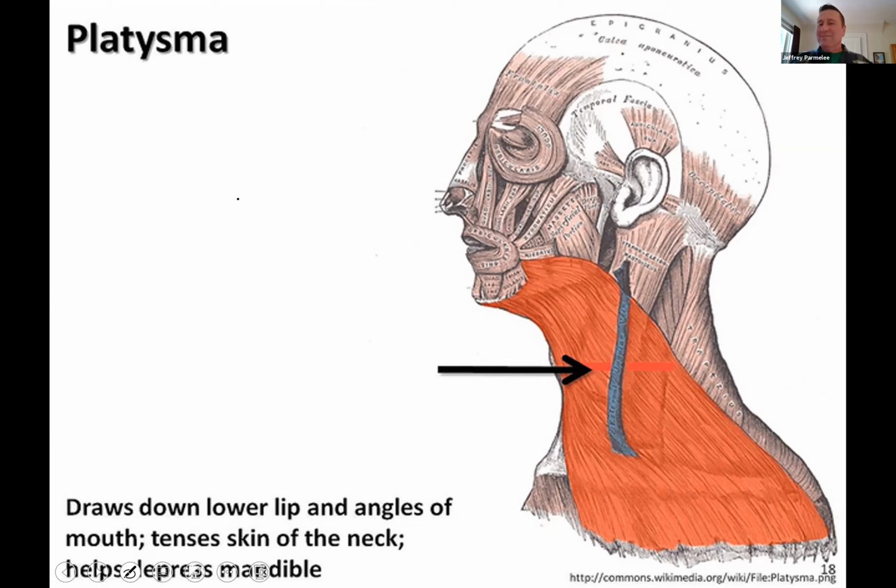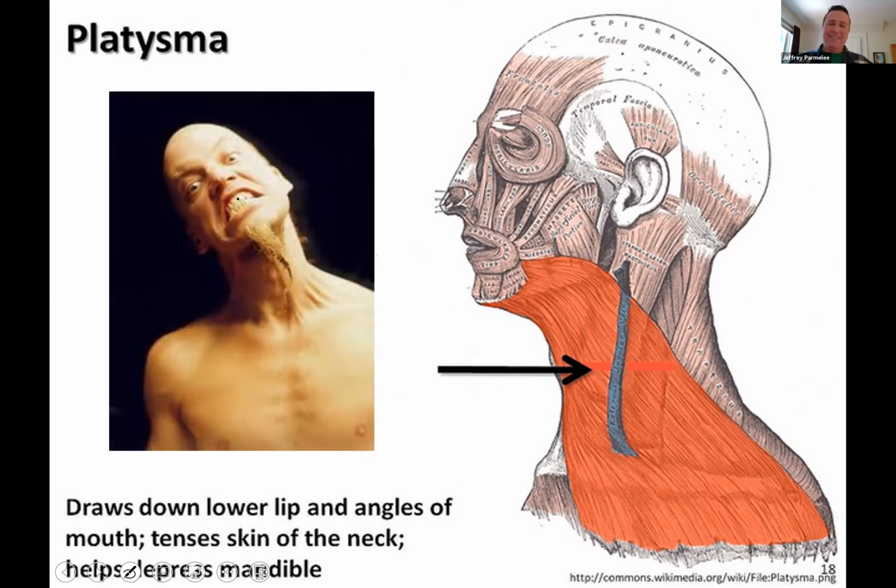Its action, like when you're shaving, it's muscle in the skin that's going to tighten up. You can see in this guy here. It's going to lower the jaw. We don't have all of our power in the bite. We don't have a lot of power in moving our chin out, but platysma will help a little bit with that. But yeah, it's a flat muscle here in our skin.